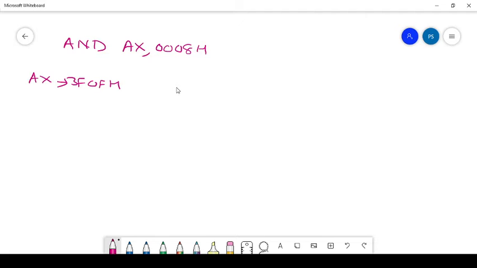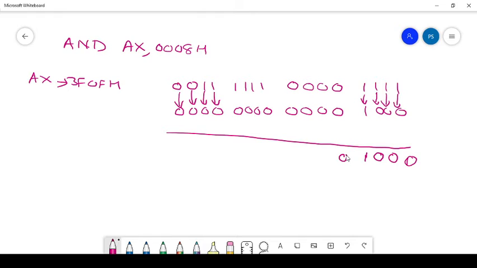Every bit, 1 AND with 0 is 0, and the last 1 AND with 1 is 1. As we know, if any one of the operands is 0, the result is 0 for the AND operation. So that becomes 0000 0000 0000, all zeros. So the result of this one is 0008H. This will be moved into AX again, the result, for AND AX comma 0008H.